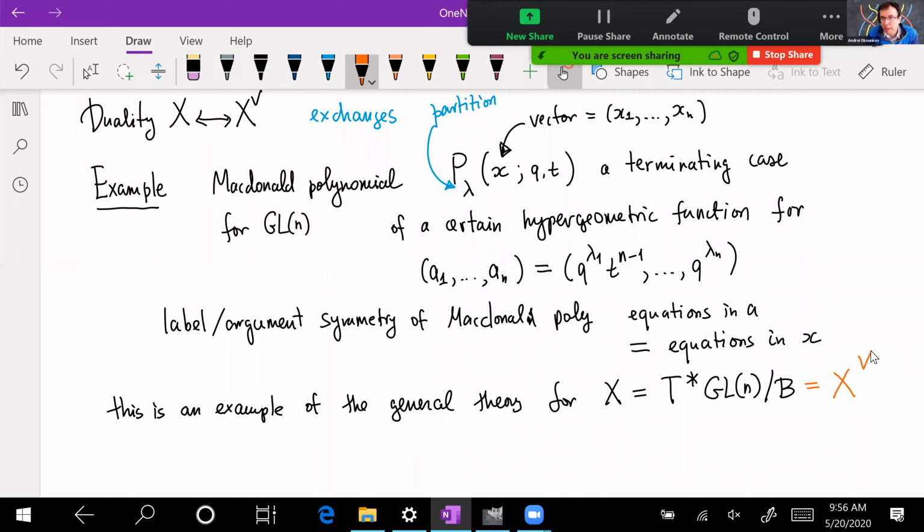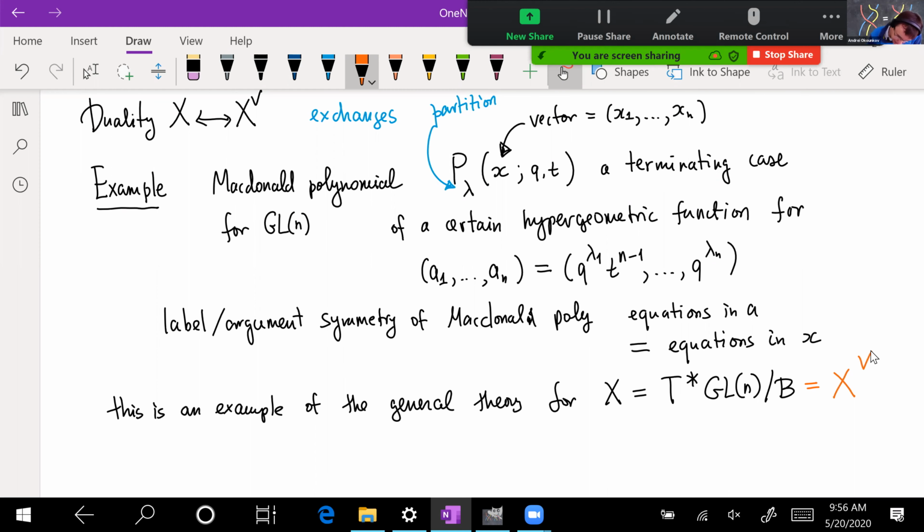It takes a root system, but in fact it takes roots and coroots. And if you want to exchange the variables and the labels, then you have to go to the Langlands dual Cherednik algebra. Well, the Cherednik algebra is the same, but the way you construct the polynomials, you have to choose one side, either roots or coroots, and then this is dual. So that's the kind of thing.